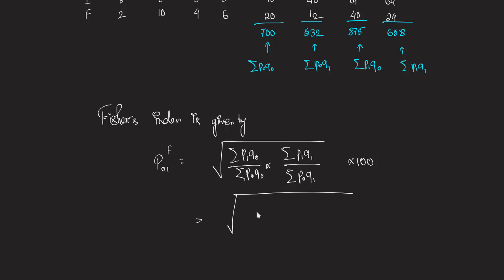So we got 875 divided by P0 Q0, which is 700, into 658 divided by 532, into 100.